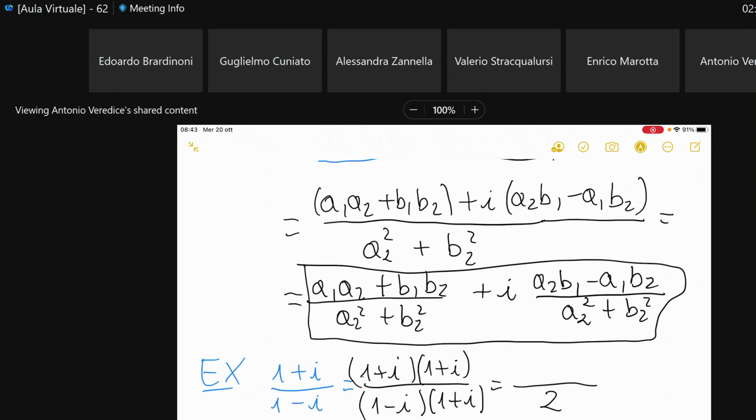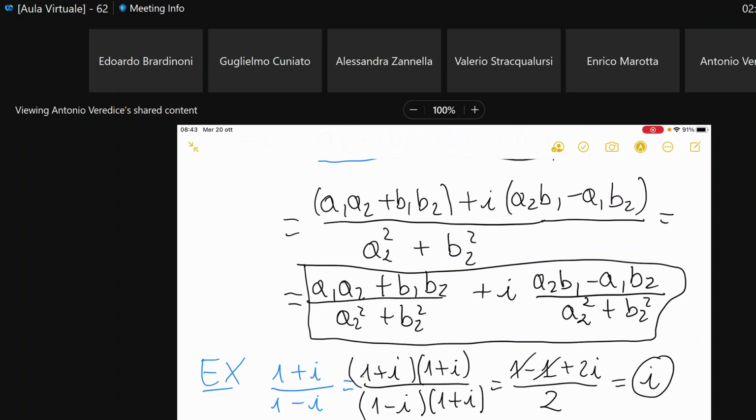The numerator is the square of 1 plus I: 1, the square of the first one, negative 1, the square of I, and plus 2I. The 1 and negative 1 cancel out, 2I over 2 is I. So the solution of the first one is I.